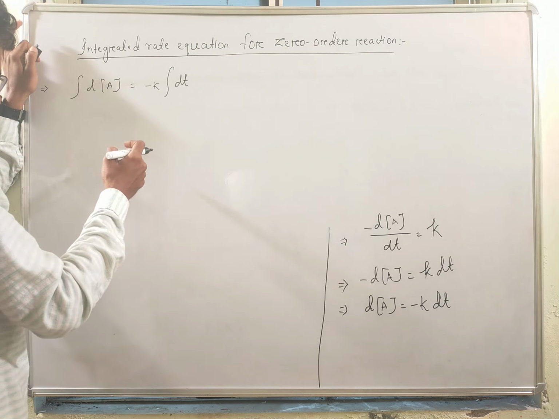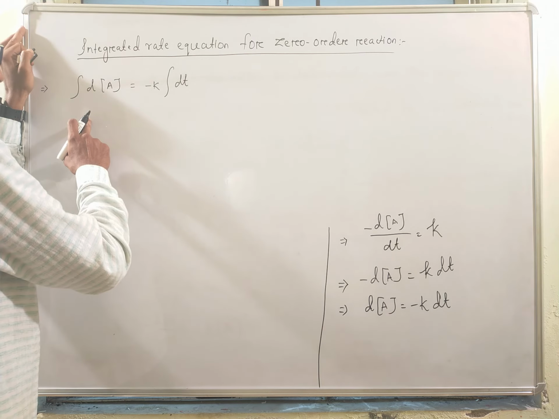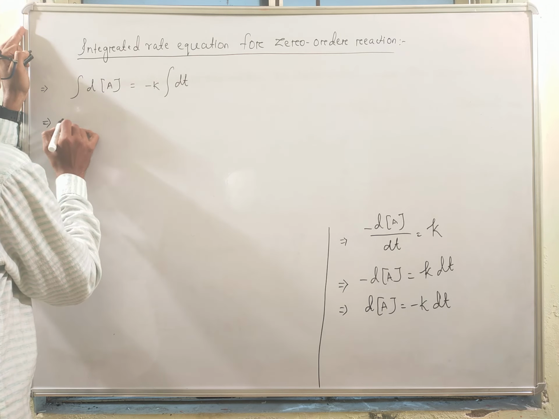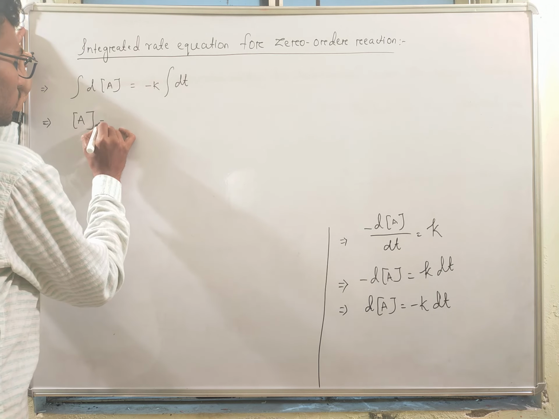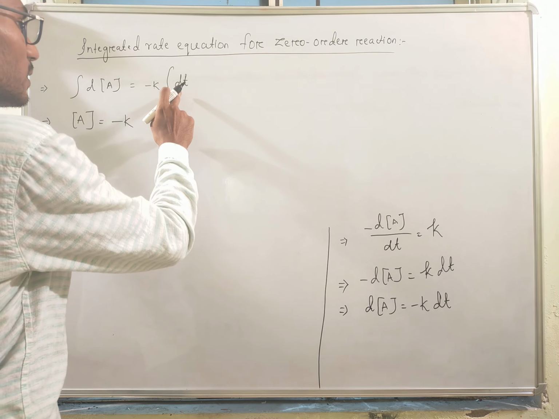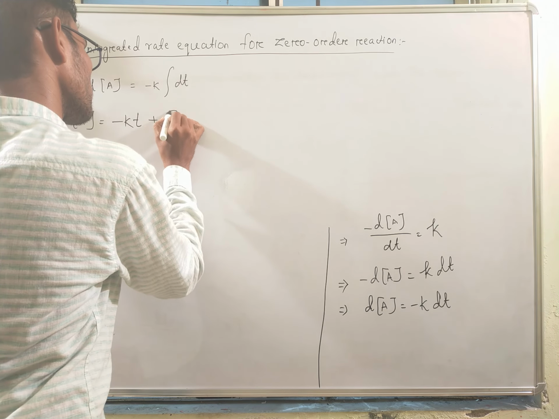Integration of dx is x, integration of dt is t, integration of dy is y, so integration of dA becomes A, equal to minus k as it is, integration of dt will become t, so minus kt plus c.